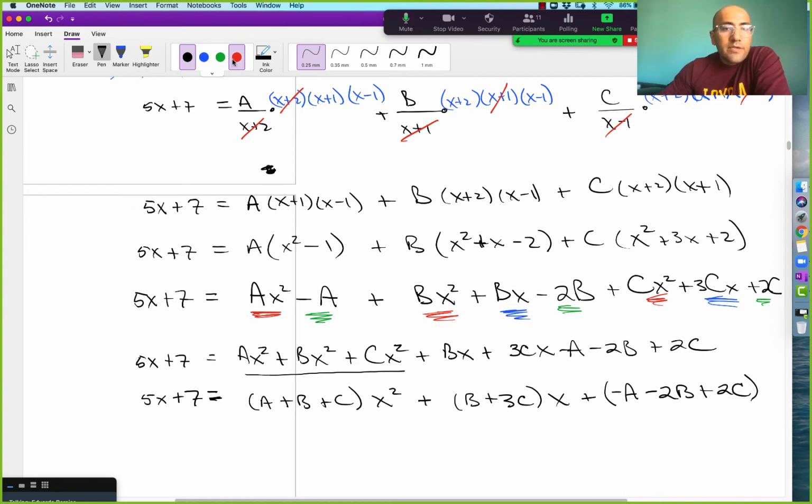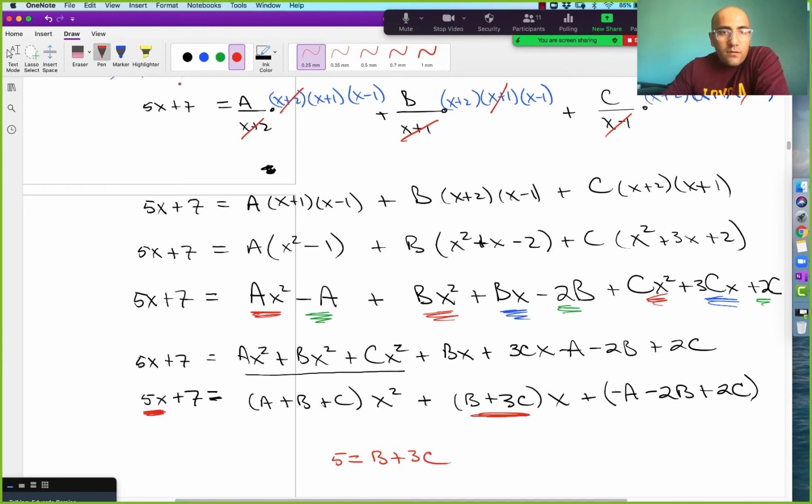So it must be true that the constant in front of the x to the power of 1 must be 5. So I'm going to group those together and say that 5 is equal to b plus 3c.